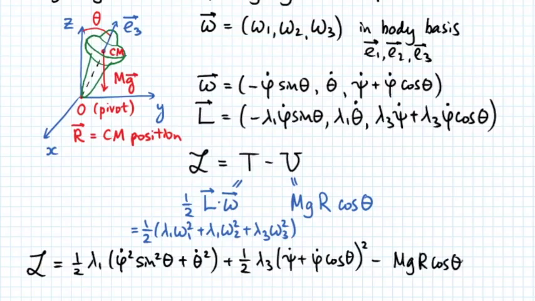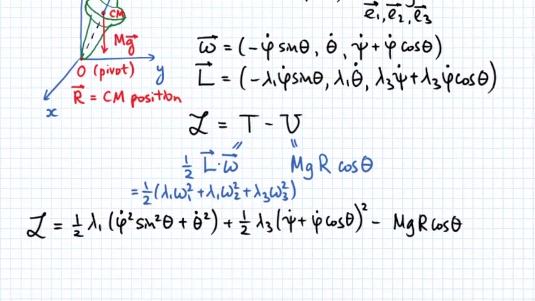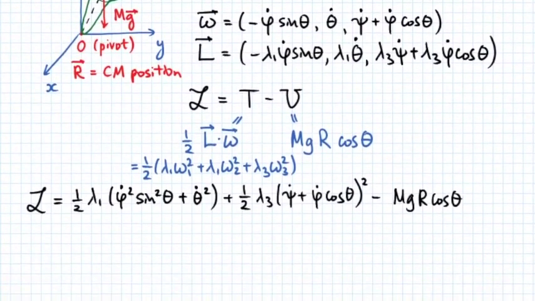Let's look at some of the symmetries of this Lagrangian. We want to identify cyclic variables. We know that the cyclic variables are both phi and psi, which give us momenta conservation for p phi, defined as the partial derivative of the Lagrangian with respect to phi dot.